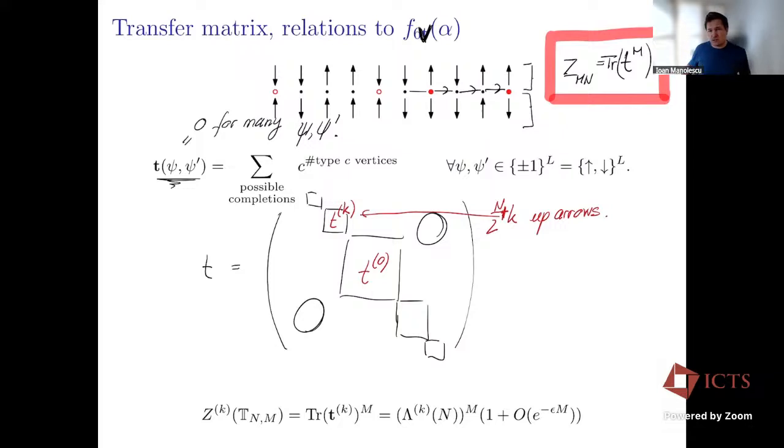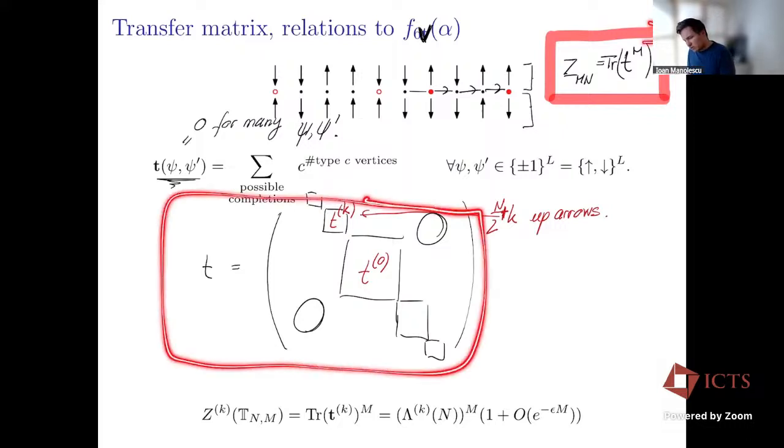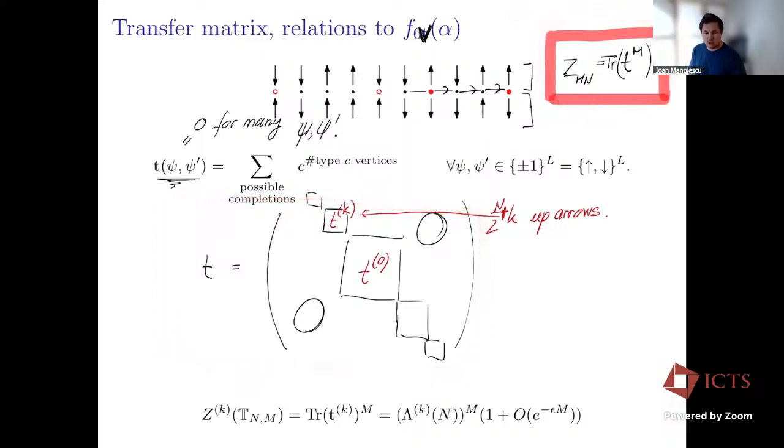And so now you can see we're approaching a little bit this idea of looking at finite energies for models with a fixed number of up arrows, because if you have your matrix like this, you can do this same computation block by block. What you get is that the partition function of the model with k excess up arrows on every row is computed in terms of the corresponding block by taking the trace of the matrix to the m.